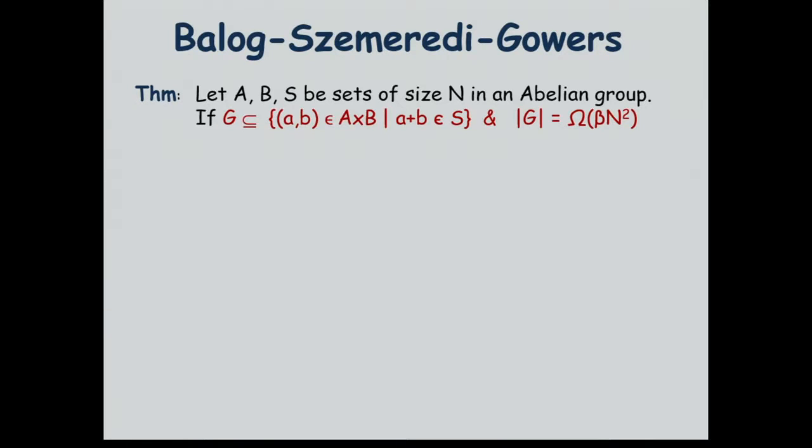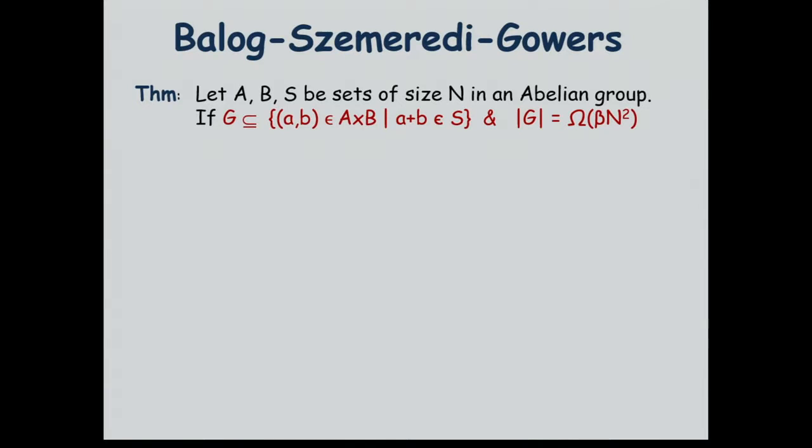Now, you get a subset G, which is a subset of the Cartesian product A times B, such that the sum of elements belongs to the third set S. Okay, so they're looking at this special G, which is a subset of the Cartesian product where the element sum belongs to the third set S.